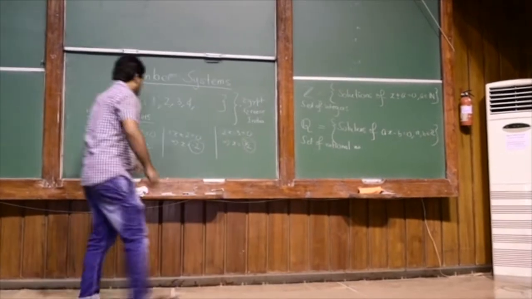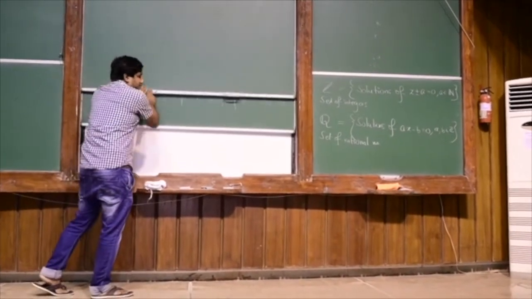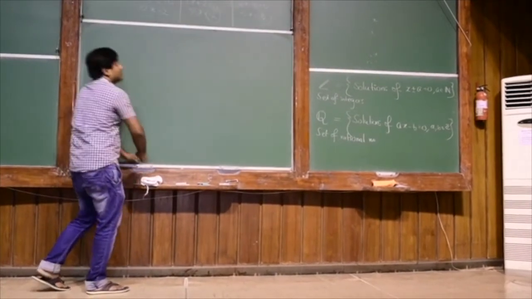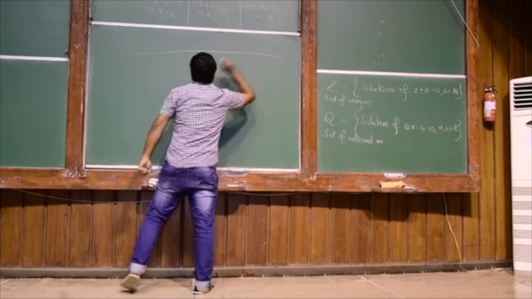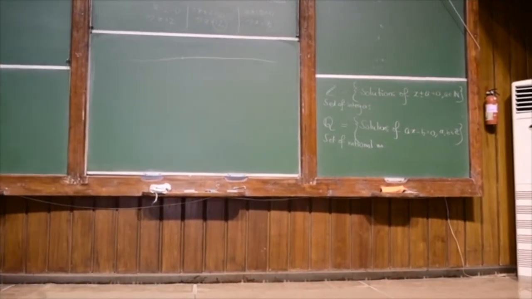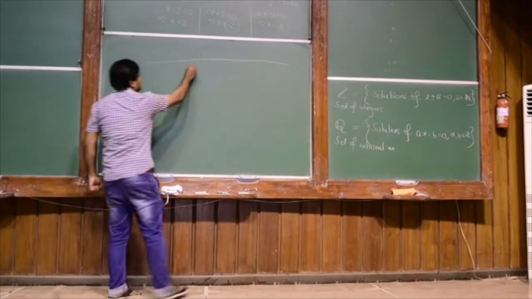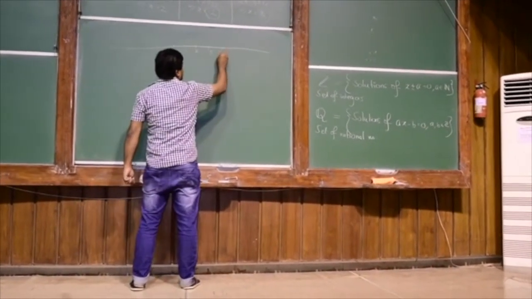So essentially what I am doing is, let's say this is a straight line. Here first I put 0, 1, 2, 3 like this.